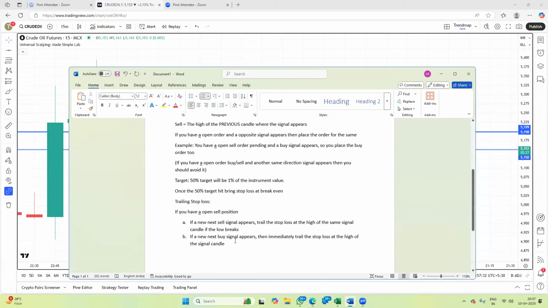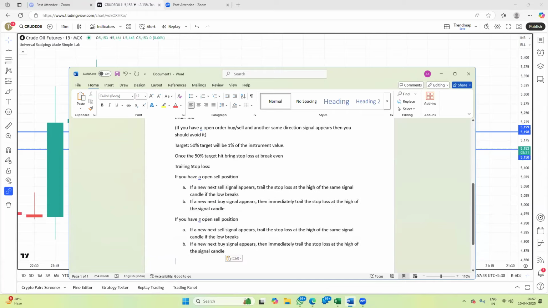I will explain what it means, but the reverse should be true if you have an open buy position. Then if a new next buy signal appears, trail the stop loss at the low of the signal candle if the high breaks.